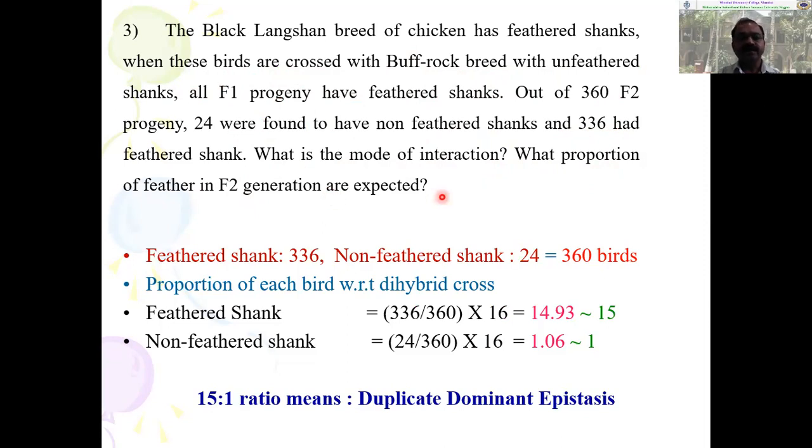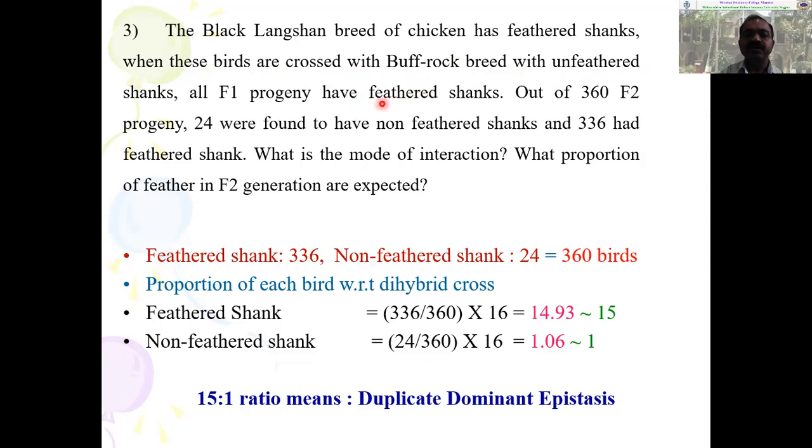Okay, now again, here there are 2 different breeds of poultry. They are given as black Langshan, which is characterized by completely feathered shanks, while the Buffalox have clean shanks, meaning they don't have feathers. So when these breeds were crossed, the black feathered shanks were crossed with the clean or unfeathered shanks of Buffalox.